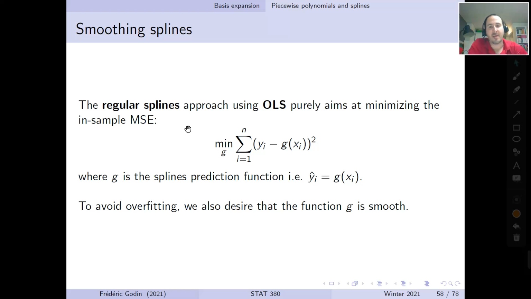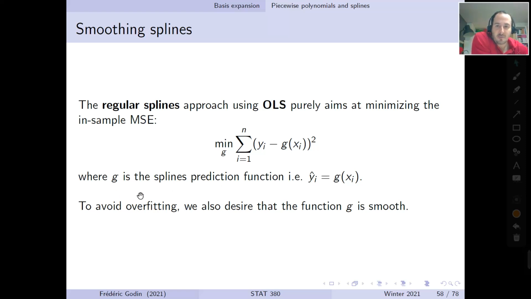The problem was to find the spline function g which minimized the sum of squared prediction errors: the sum of the responses in your data set, y_i, minus g, the spline function we outlined earlier, which we called f but now let's call g, evaluated at the predictor for the ith observation, squared. Here g is the predictive function associated with our spline.